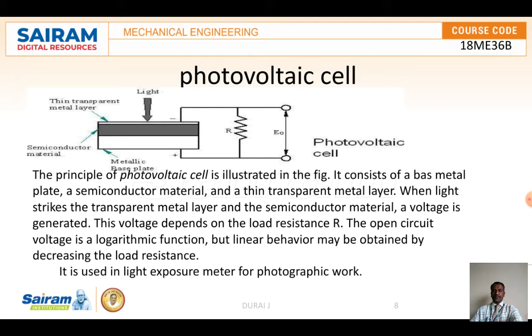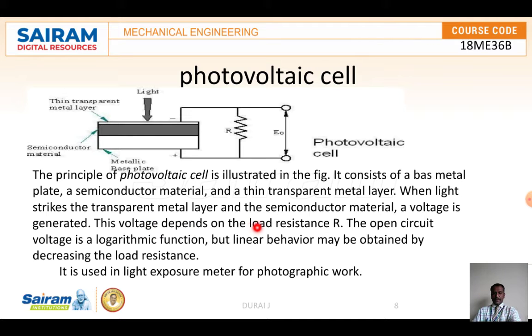Coming to the photovoltaic cell, it consists of a base metal plate, semiconductor material, and a transparent metal layer. When light strikes the transparent metal layer on the semiconductor material, voltage is generated.